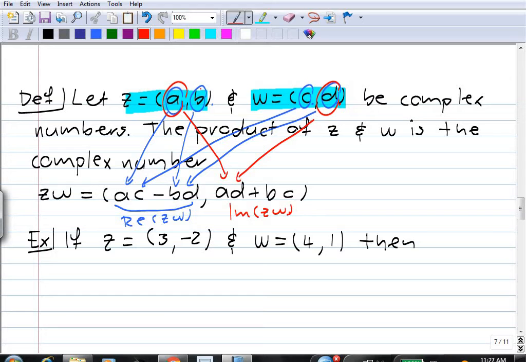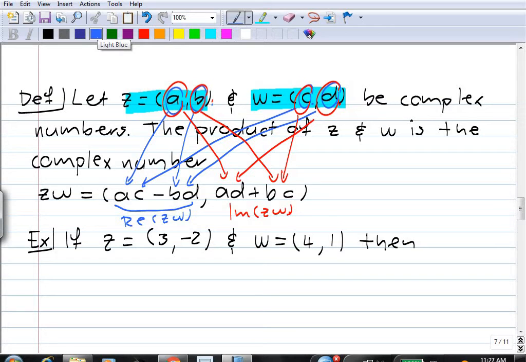And now we take imaginary part Z and real part W, we multiply them and add it to our previous answer. Right? And that's the complex number that we call Z times W. It looks strange, but as we'll see, it turns out to be exactly what we need.